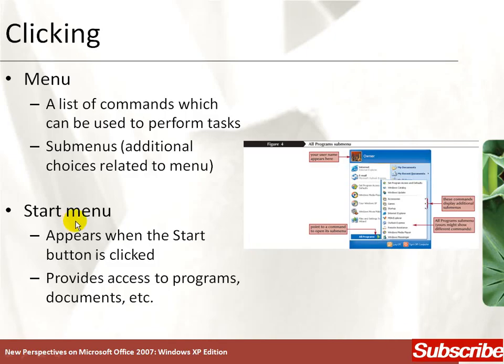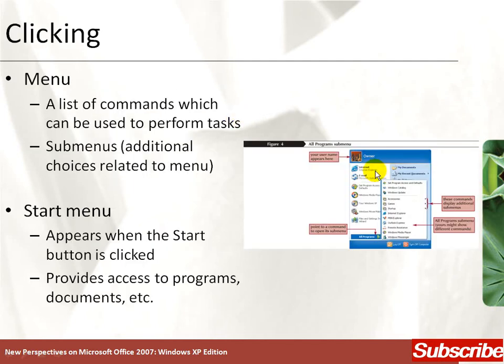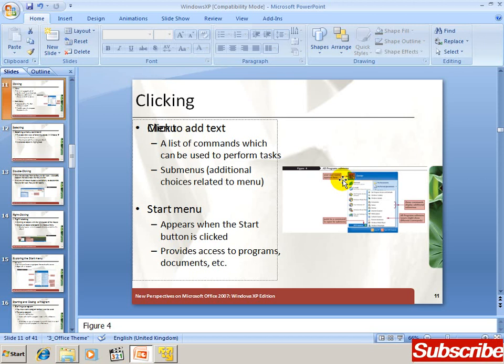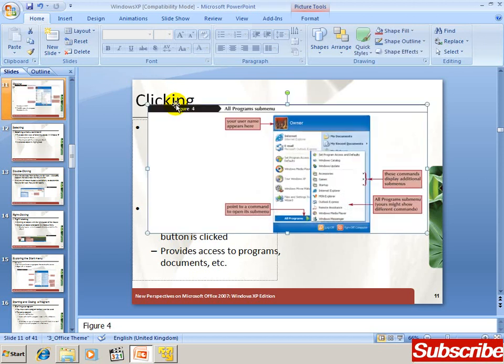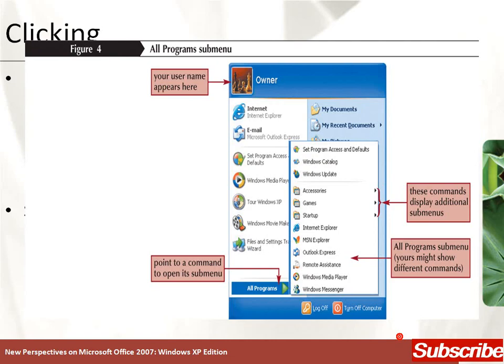Start menu. What do you mean by start menu? Let me make this picture a little bit bigger, and we should look at it technically. Move here and see, your username appears here, owner or administrator. An arrow points to a command to open its submenu.